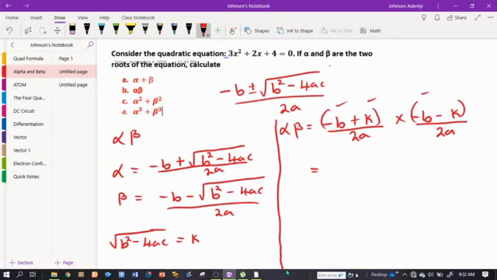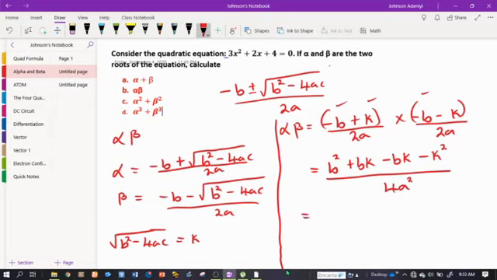So that will give us b square. Minus b times minus k is plus bk. Then we have plus k times minus b, that will give us minus bk. Then plus k times minus k will give us minus k squared, divided by 4a squared.